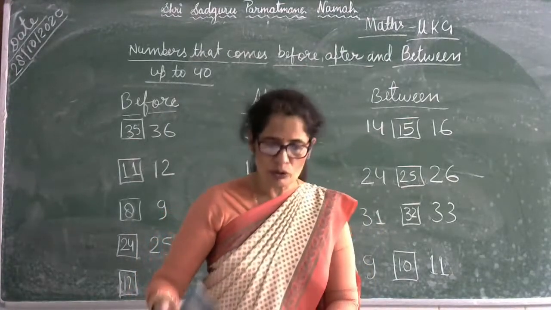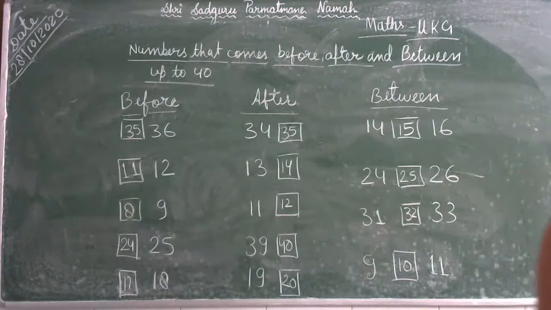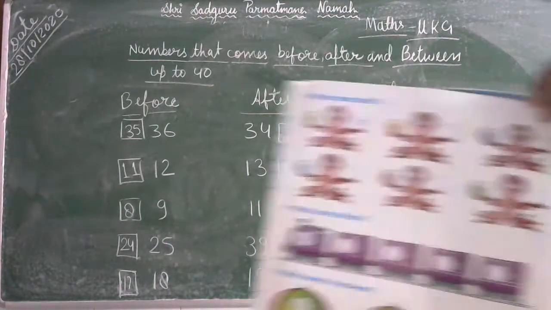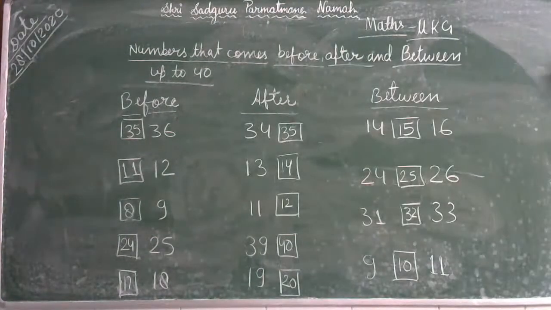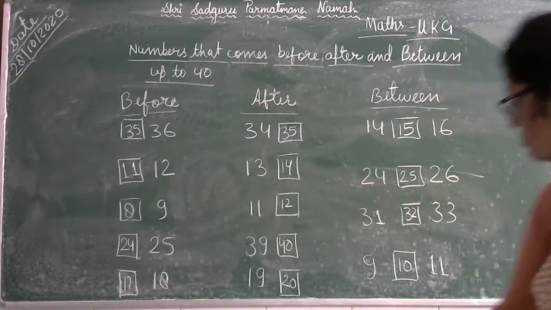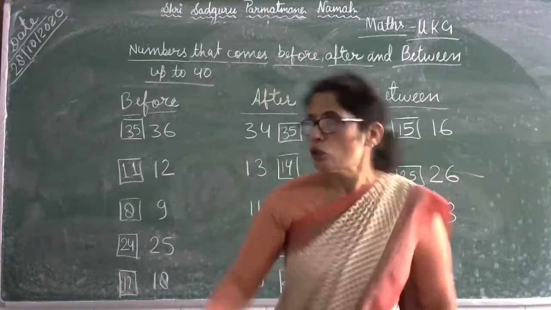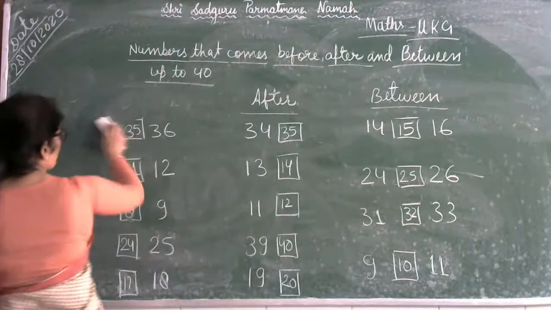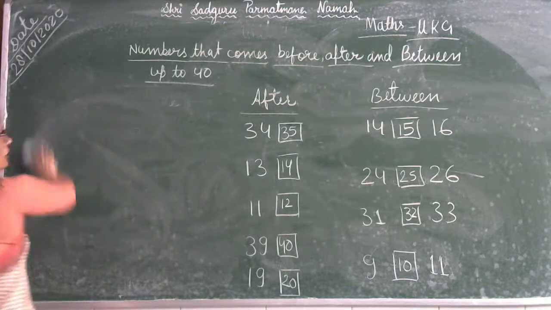Then you have to complete page number 45 in your maths book. You can see here. This one you have to complete in your maths book. You have to do more and more practice in your book so that you can know the number easily which comes before, after and between. So I am writing your homework.